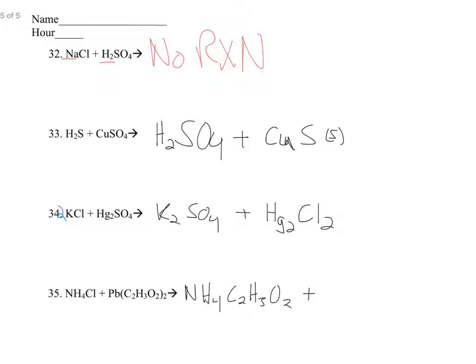Instead, what becomes our insoluble salt is the lead chloride, lead 2 chloride more specifically. That is our insoluble salt, and therefore we need to balance this, putting a 2 in front of my ammonium chloride and a 2 in front of my ammonium acetate will make this balanced.